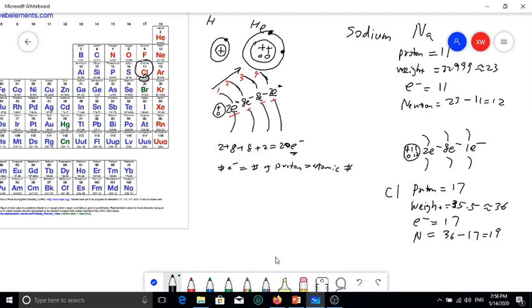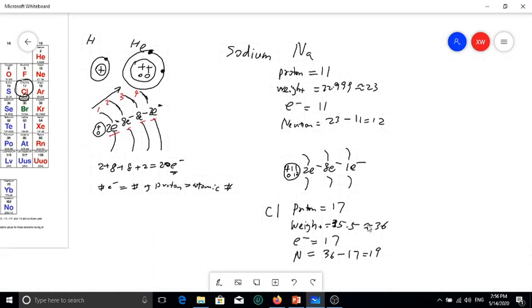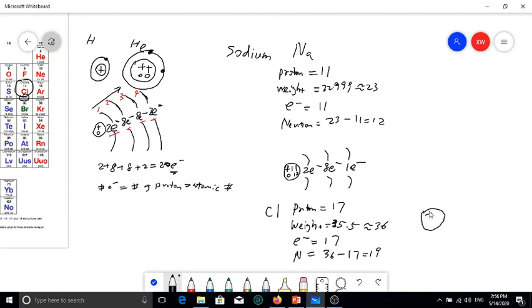Okay, now we figured out all the numbers here, so let's draw out the atomic diagram of chlorine, which is a little circle with 17 protons and 19 neutrons. You can see neutrons and protons don't have to be exactly the same number. Some of them will be the same, but in these two cases, they're not.